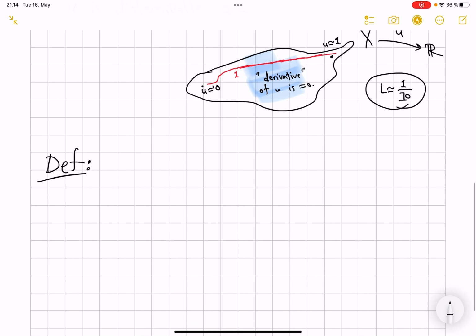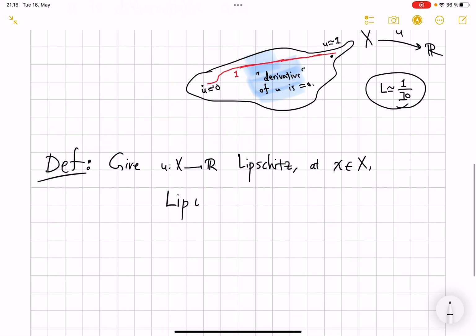So given u from X into R Lipschitz, we define at every given x from your space the local Lipschitz constant of u at x to be, okay, you compare values of u(x) and u(y) to d(x,y), and then you localize.